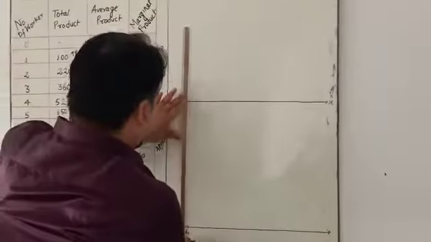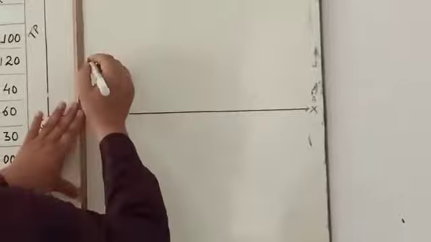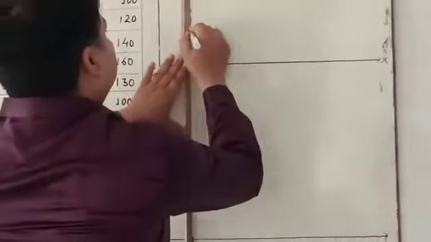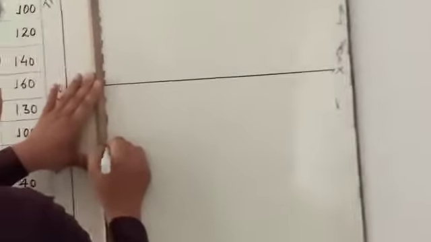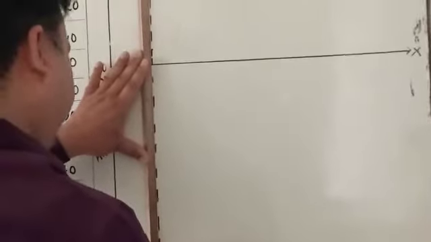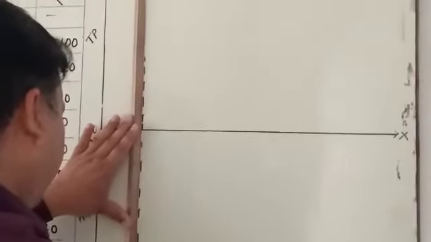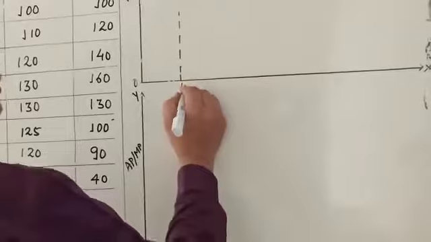When you observe, my dear student, this labor 1, just put it here, dot. Okay, just put it here, dot, because I am going to show three cases of law of variable proportion, that is called increasing. Here you put labor 1 for TP.